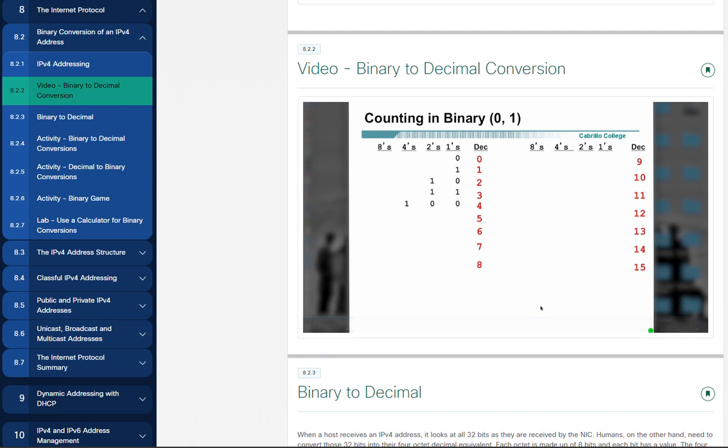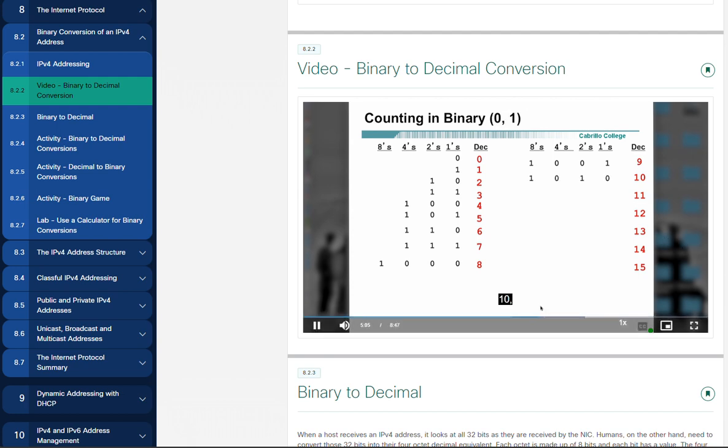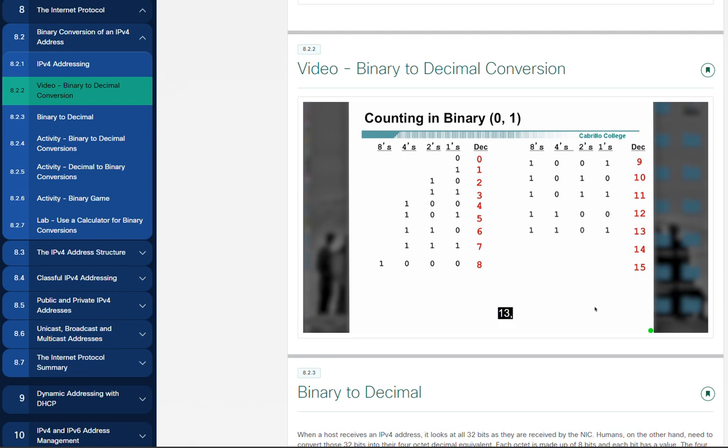It's that simple. So as we can see, 5 would just be 1 0 1. 6 would be 1 1 0: 1 four, 1 two, 0 ones. 7, 8 would be 1 in the 8s and 0 in the 4s, 2s, and 1s. 9, 10. 10 would be 1 eight plus 1 two. 8 plus 2 is 10. 11, 12, 13.